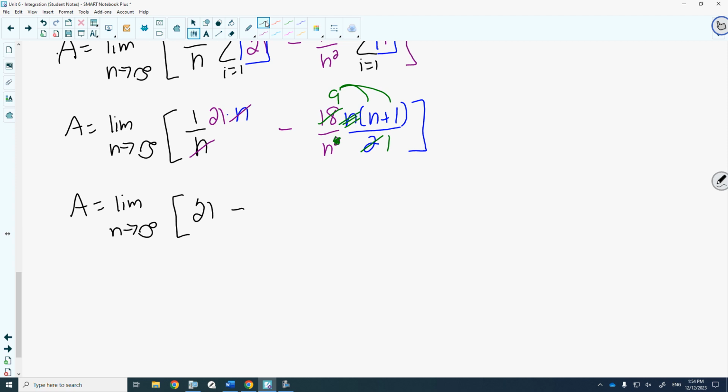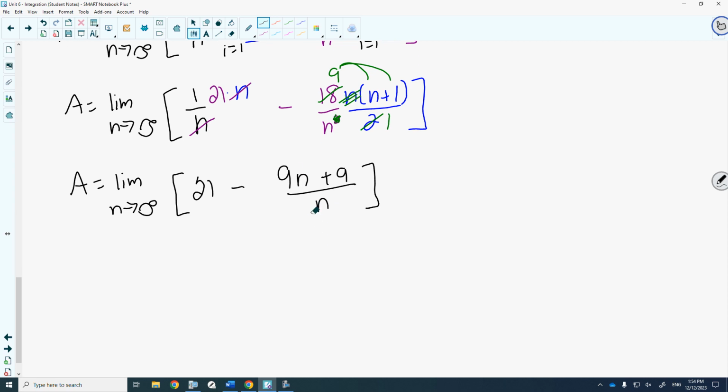minus 9n plus 9 over n. Then you're going to take this part of the limit and divide each term by n.